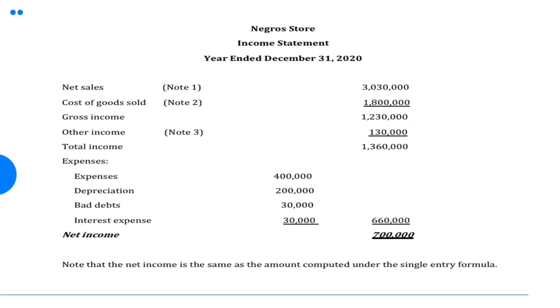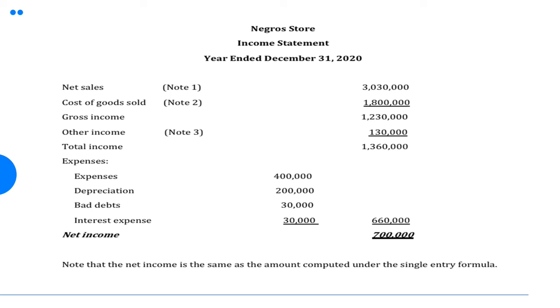Negros Store Income Statement for the year ended December 31, 2020. Net sales 3,030,000. Cost of goods sold 1,800,000. Gross income 1,230,000. Other income 130,000. The total income is 1,360,000.